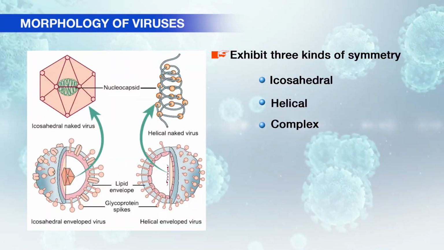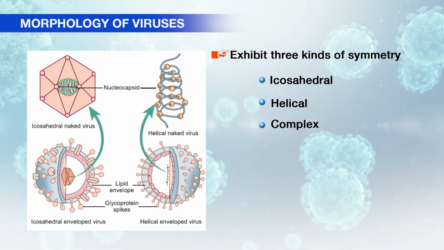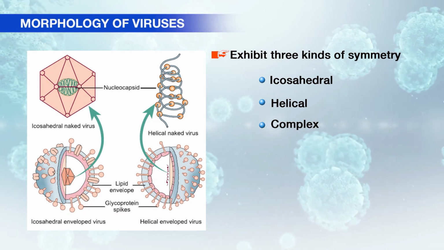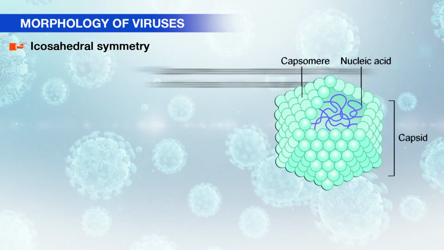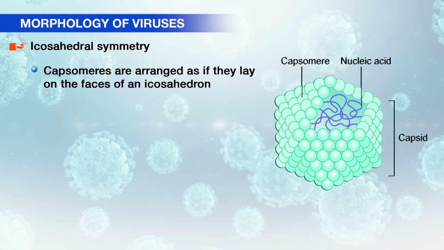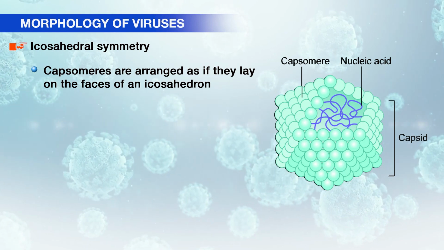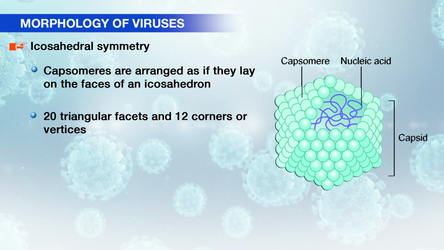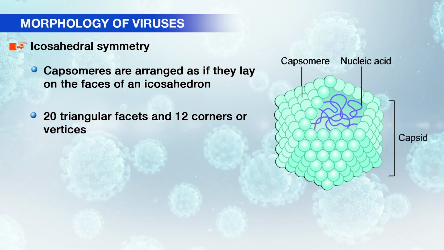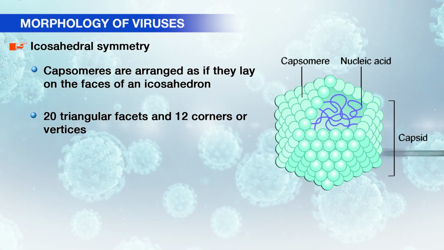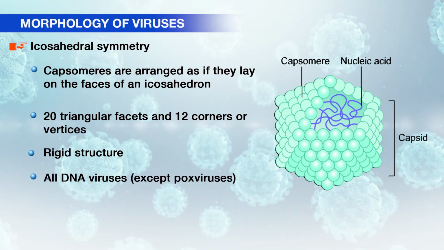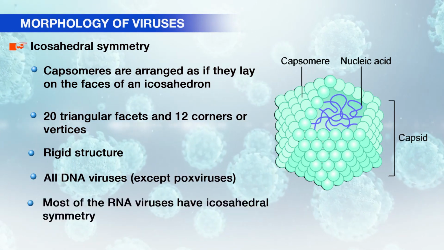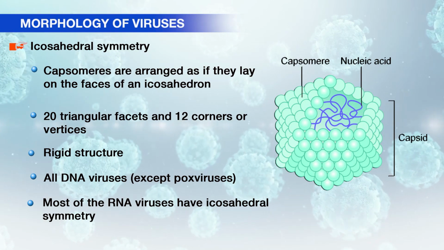The composition of capsid along with the nucleic acid is called the nucleocapsid. When we see the symmetry in the morphology of viruses, it can be either icosahedral, helical or complex. In the icosahedral symmetry, the capsomeres are arranged as if they lay on the faces of an icosahedron. As you can see in the image, 20 triangular facets with 12 corners or vertices are observed. It is a rigid structure, and is seen in all DNA viruses except pox virus, and the majority of RNA viruses show this symmetry.